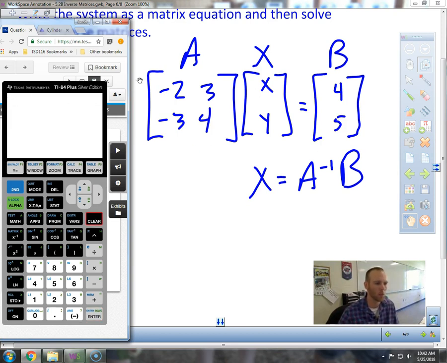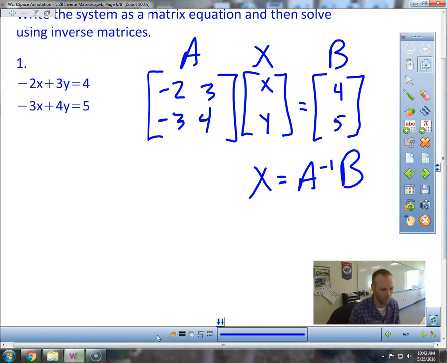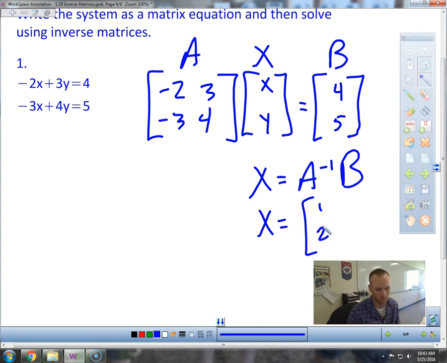But we don't even need to worry about finding that because our calculator will do that for us. So I'm going to go matrix A inverse, right here, times matrix B. And I get the matrix 1, 2.